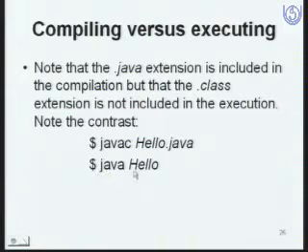This command is for executing, not for compiling. So there is a difference. We have to note that the .java extension is included in the compilation, but the .class extension is not included in the execution. So this has to be kept in mind.